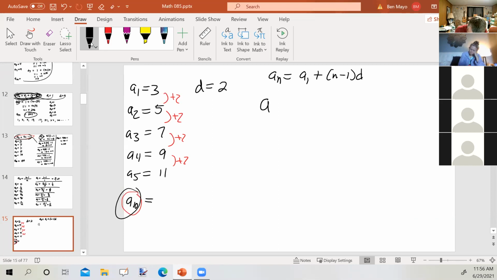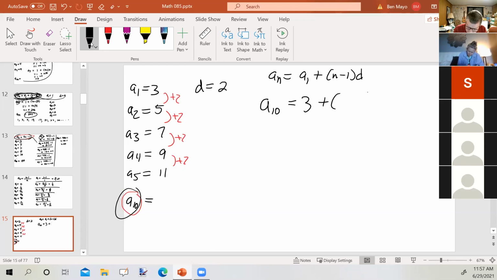So a sub 10 is equal to a sub 1. What's a sub 1 in this case? 3. 3 plus n minus 1. What's n in this case? No, 10.